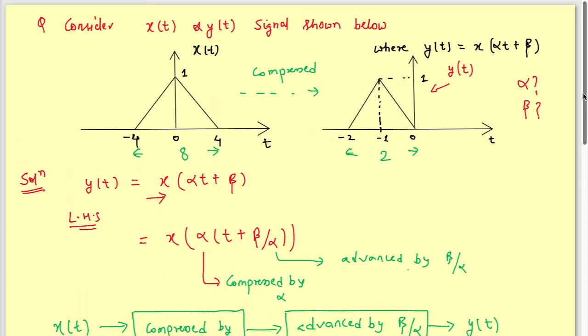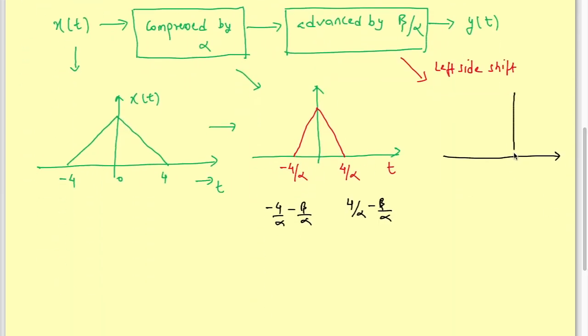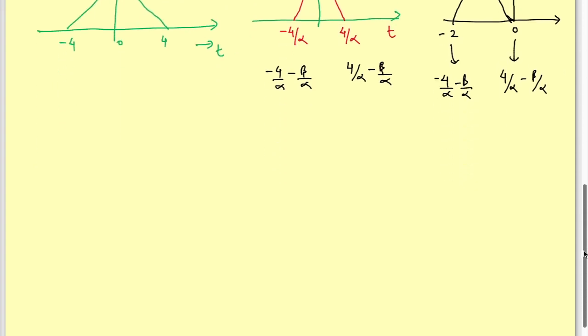My resultant signal is given in the question itself. It is 0 here and here it is -2. So actually 0 is equal to 4 by alpha minus beta by alpha, and -2 is -4 by alpha minus beta by alpha. So we have two equations and two unknowns. If I equate 4 by alpha minus beta by alpha to 0, then I get 4 equal to beta.